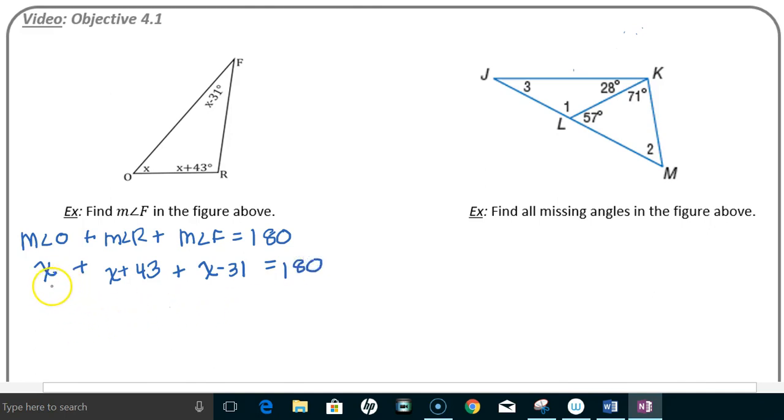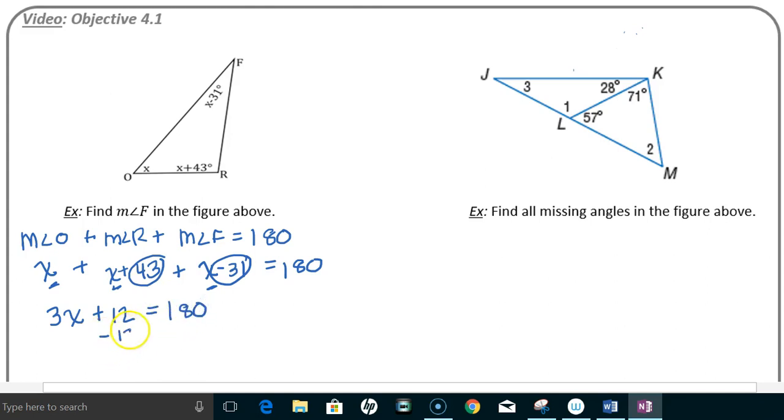Now we'll combine like terms: x, x, and x. We've got a total of 3 x's. We've got a positive 43 minus 31. That is 12. So 3x plus 12 equals 180 degrees.